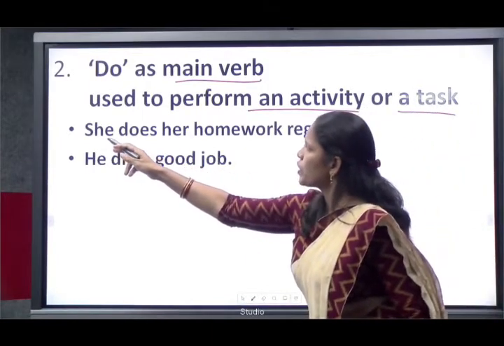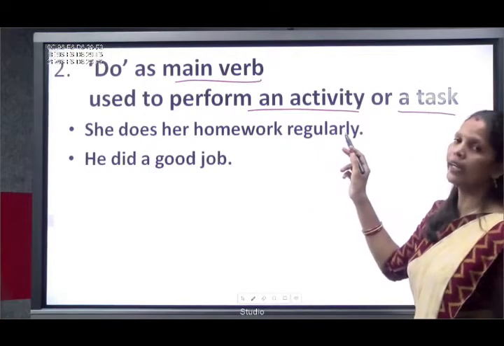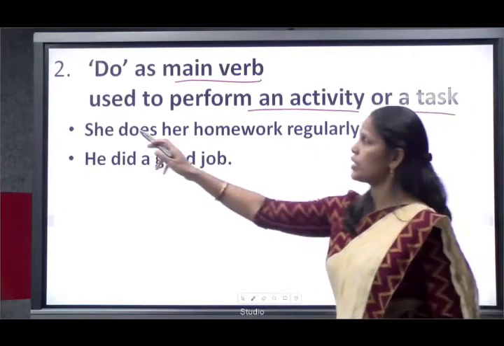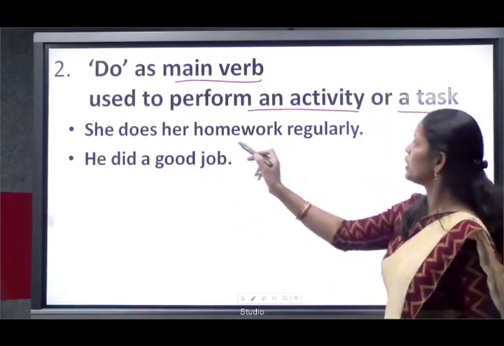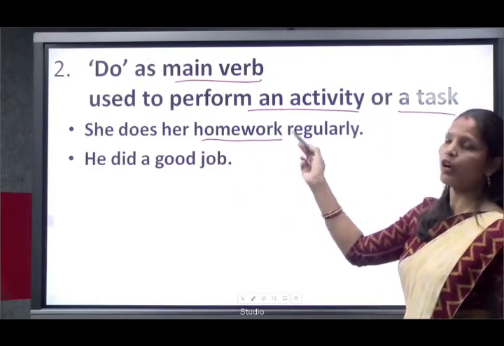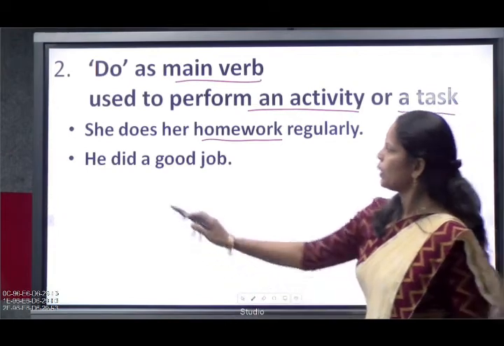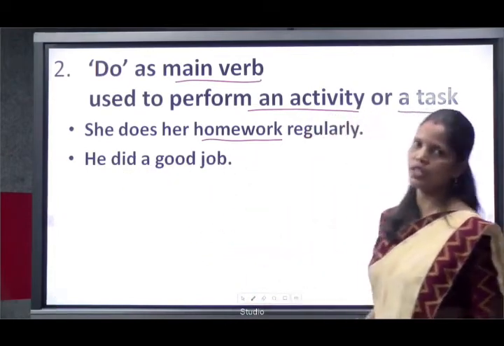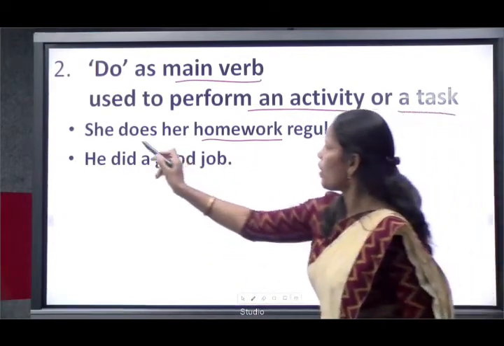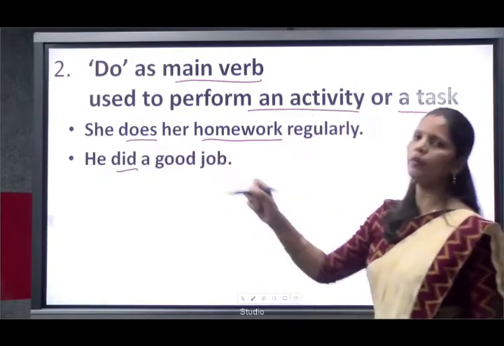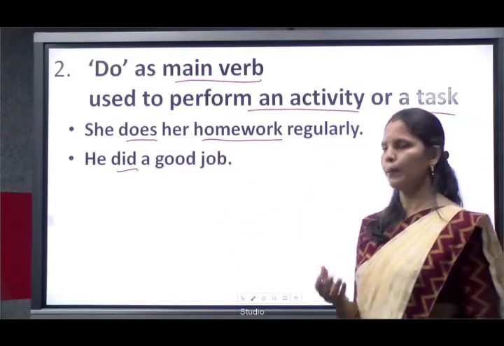For example, she does her homework regularly. That means the subject she has to do what? Homework. To perform an activity, doing of homework. He did a good job. So here does and did are the do verb used as a main verb.